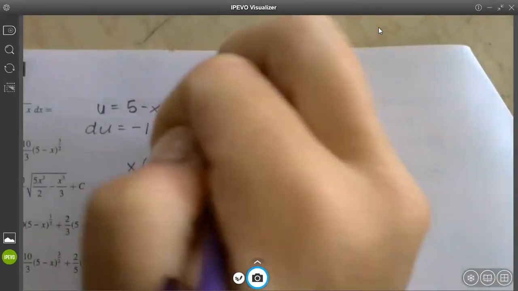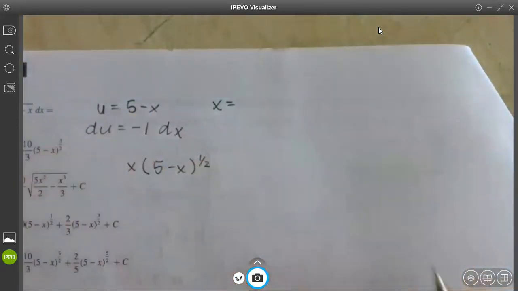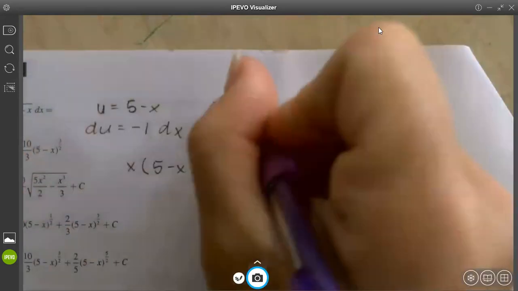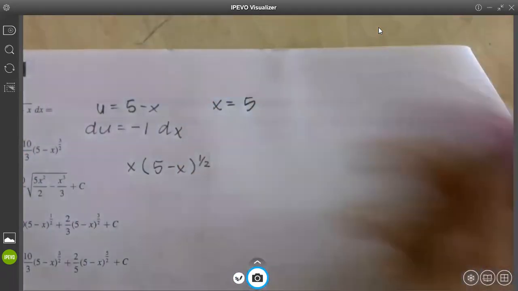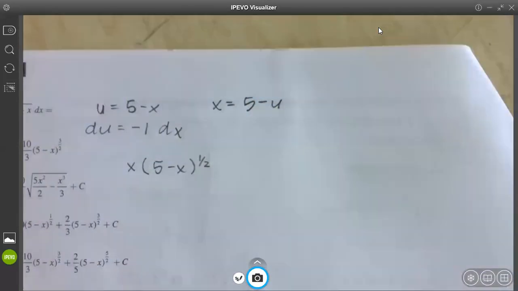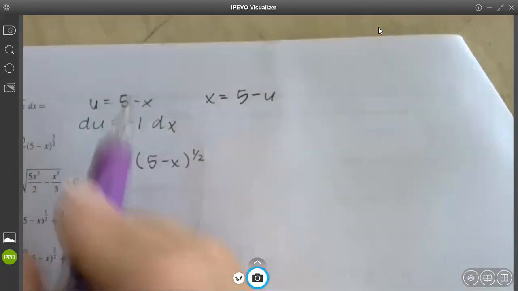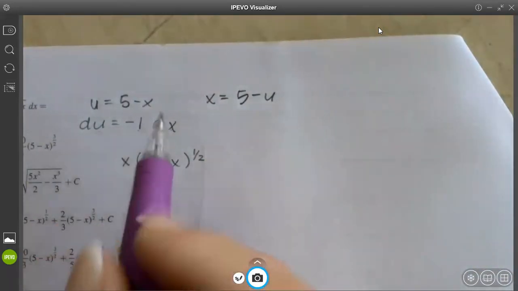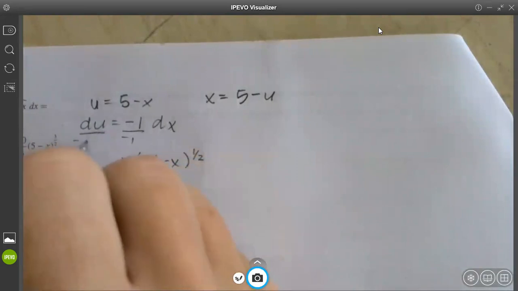So if I solve for x right here, what do I get? 5 minus u. All right, so this is what you're going to have. I need x dx. So I'm going to divide by negative 1 right here.